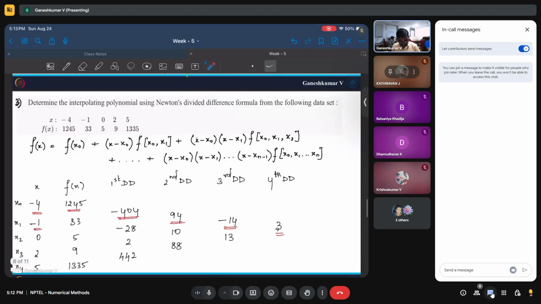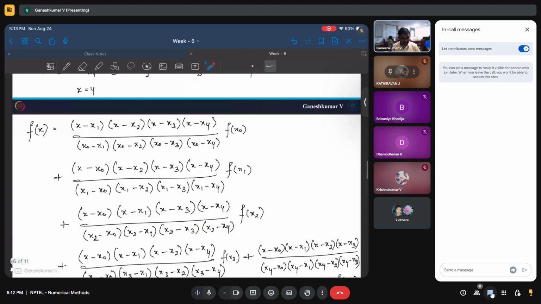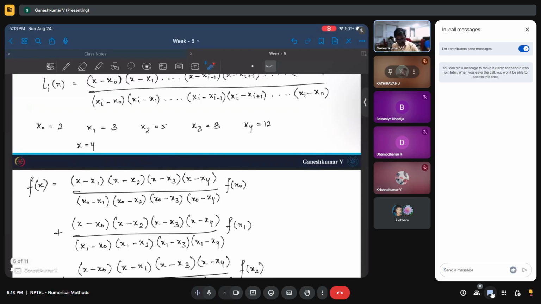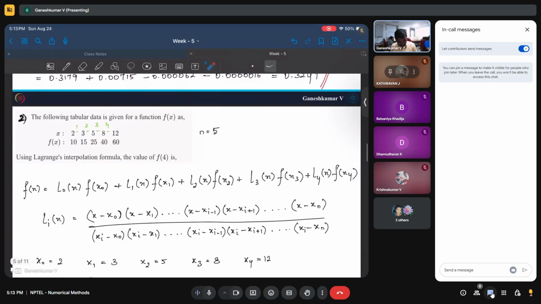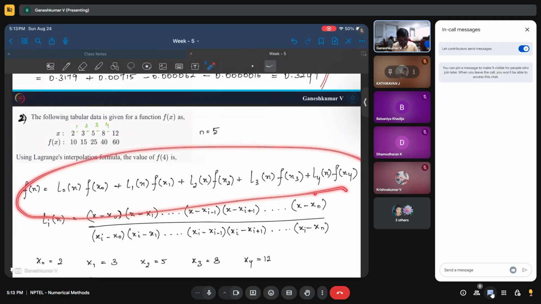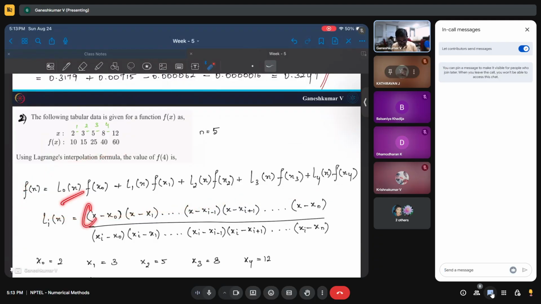In fact, getting the polynomial you can also do using the Lagrange function. Here the polynomial is simply this. So you find L naught in terms of x and then substitute them. That will be your polynomial. In fact, you can use any interpolation formula in that way to find the polynomial.